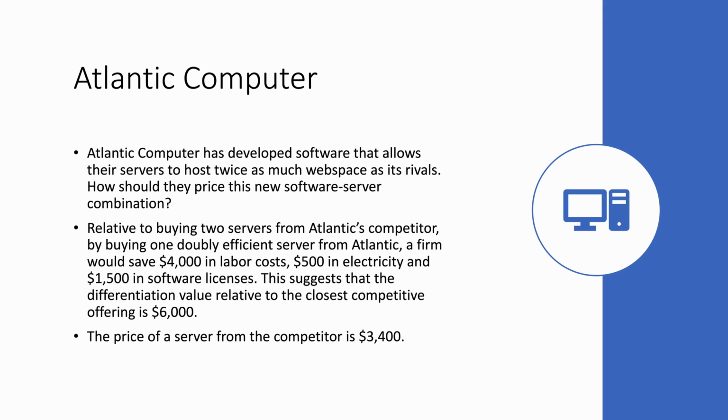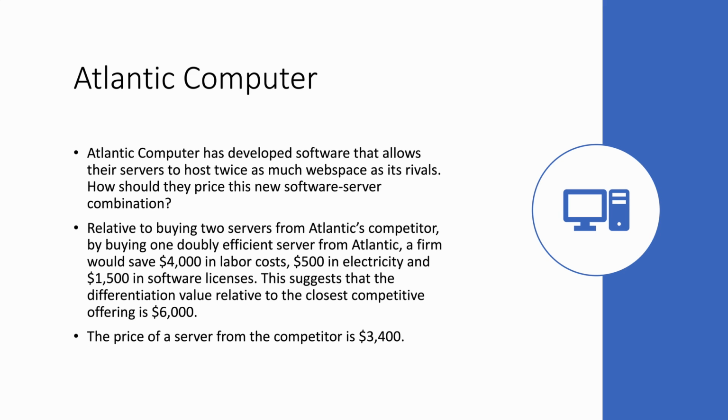Atlantic Computer has developed software that allows their servers to host twice as much web space as its rivals. How should they price this new software-server combination? Relative to buying two servers from Atlantic's competitor, by buying one doubly efficient server from Atlantic, a firm could save $4,000 in labor cost, $500 in electricity, and $1,500 in software licenses.